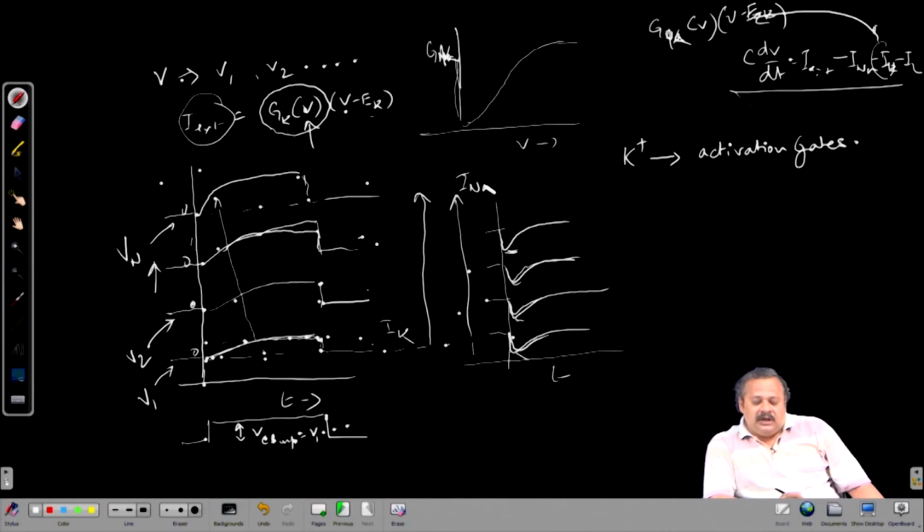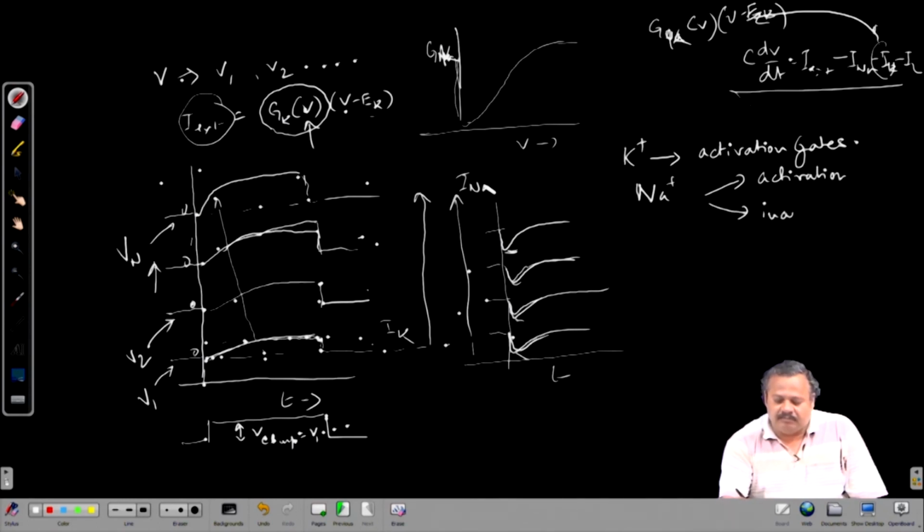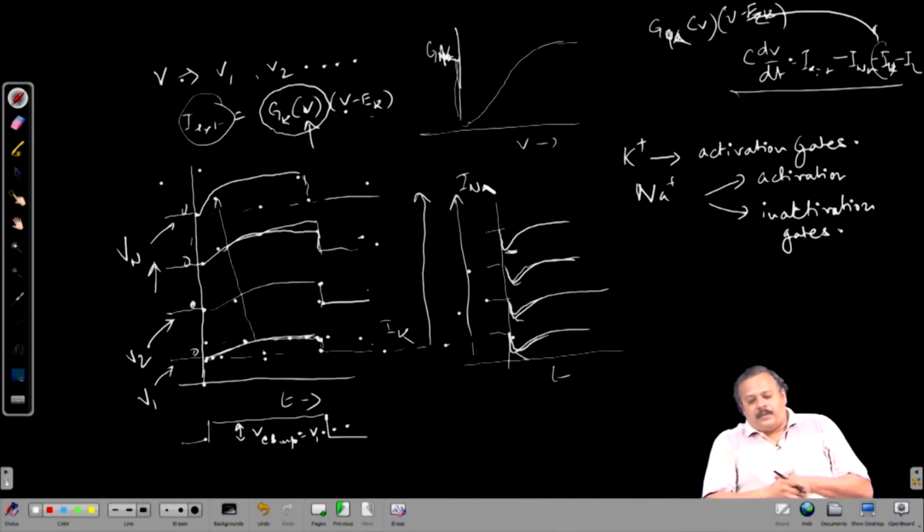But in terms of the sodium channel, they proposed that sodium will have activation gates as well as inactivation gates. What we mean by inactivation gates is that if the voltage increases, the sodium ion channels start to close.